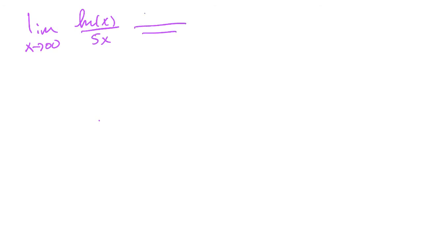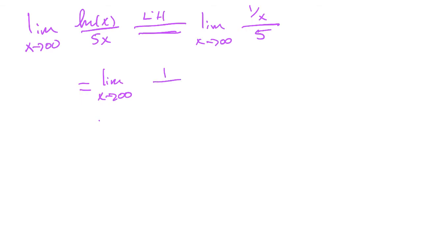Applying L'Hopital's rule to that, we look at the ratio of the derivatives, limit as x goes off to infinity, so we have 1 over x divided by 5, which we can simplify to the limit as x goes off to infinity of 1 over 5x. As x goes off to infinity, that's going to give us a value of 0.